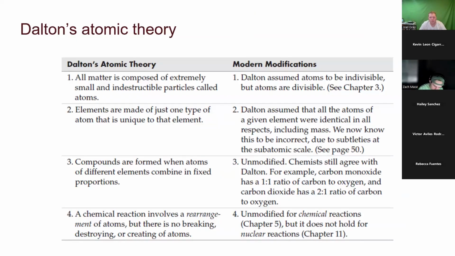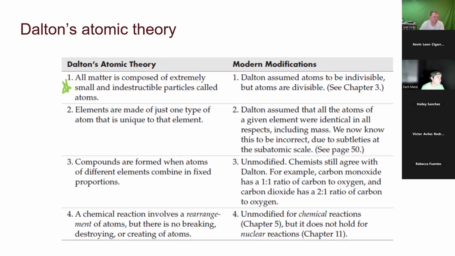So Dalton's atomic theory says that all matter is composed of extremely small and indestructible particles called atoms. So everything can be broken down to an atom. And that was Dalton's atomic theory long, long ago. Now, is there anything smaller than an atom?